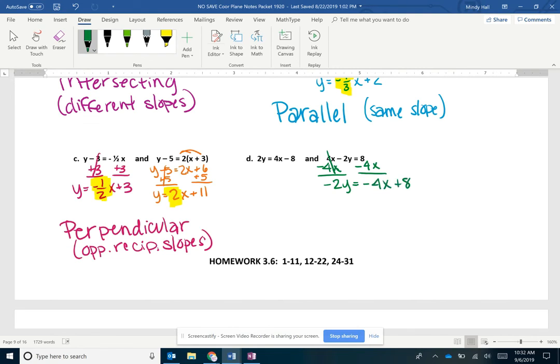Well, because I want to get it to just be a 2y, I'm just going to divide by -1. And by the way, you are free to divide both of these by 2. That way you have just a y equals something. But when you do that, that gives us positive 4x and -8. And you notice these two equations are exactly the same. So because of that, I know that these are coinciding.